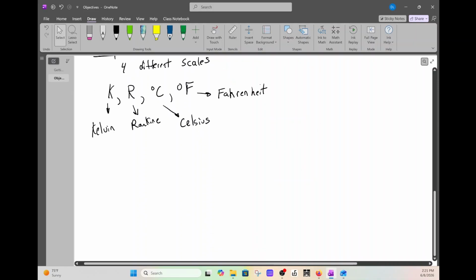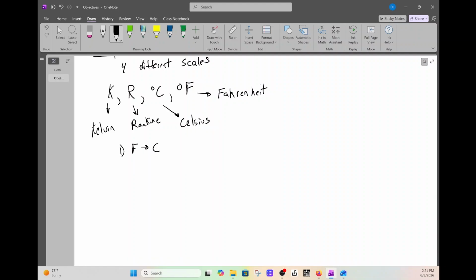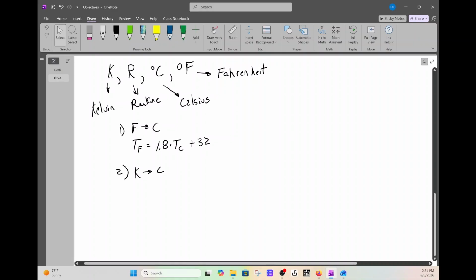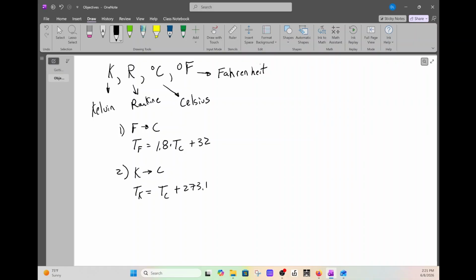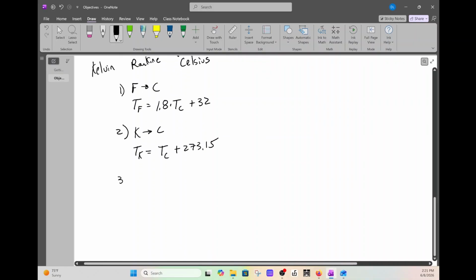And just to give you a few things, if you want to go from degrees C to Fahrenheit, you take 1.8, you multiply it by your temperature in Celsius, and you add 32 to get it into Fahrenheit. If you want to go from Kelvin to Celsius, TK, temperature in Kelvin, is the temperature in Celsius plus 273.15. Okay.